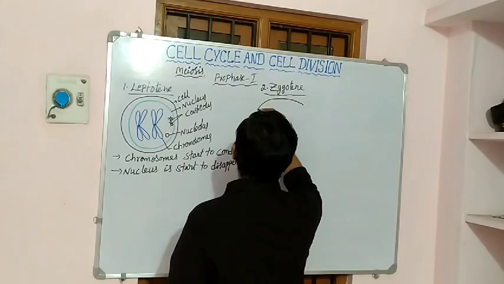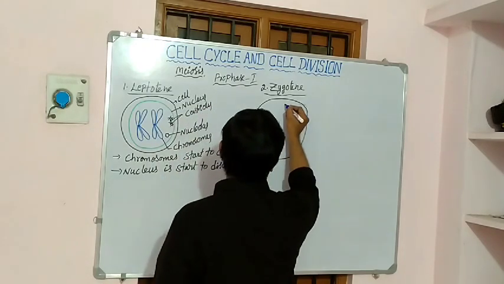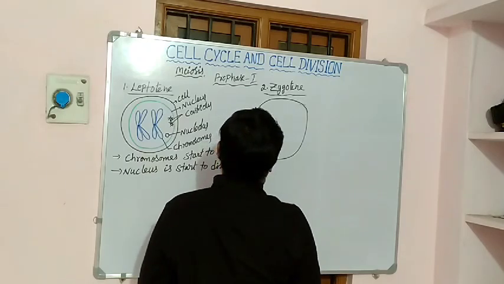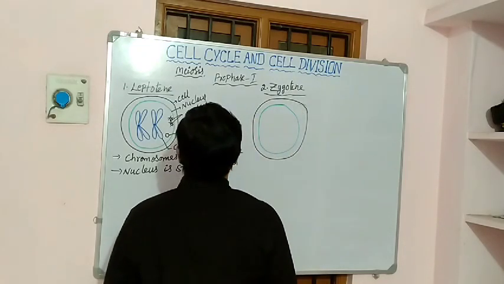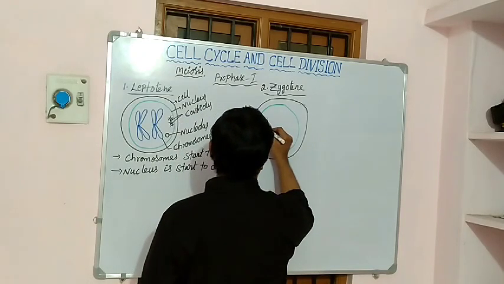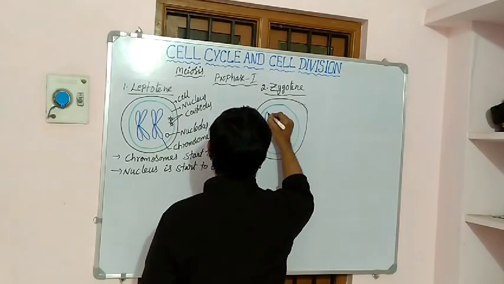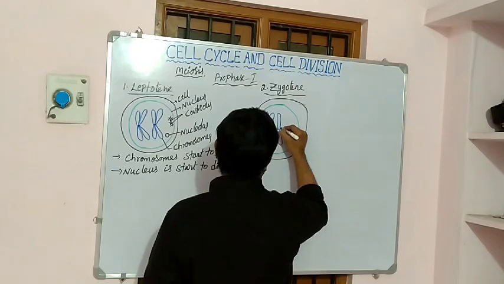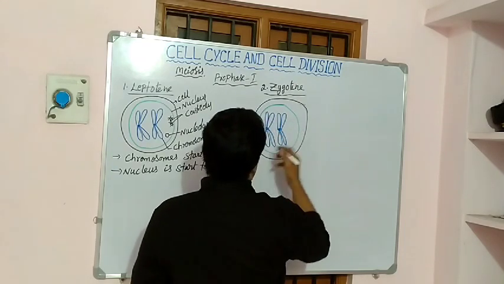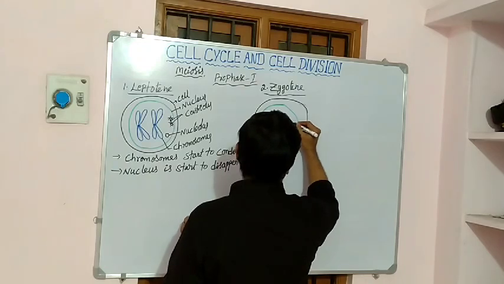See, this is the cell, and inside the cell there is a nucleus, and in between the nucleus there are chromosomes. Important cell organelles are also present here. This is the nucleolus, and here the centrioles.